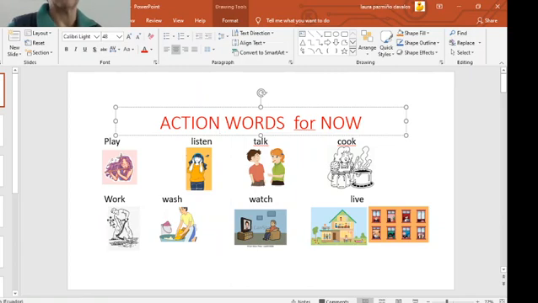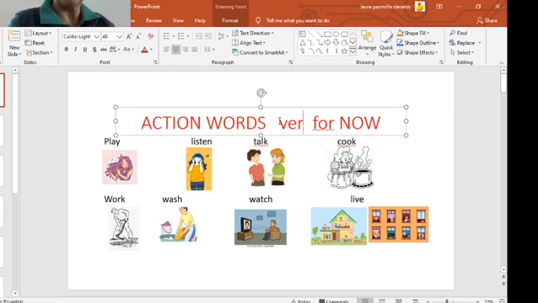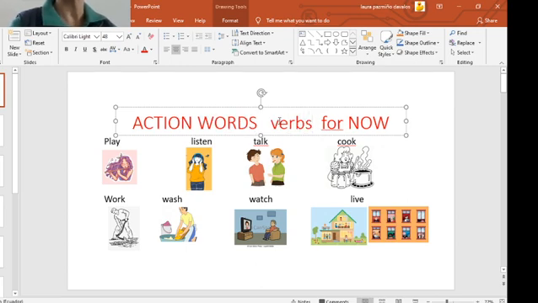Okay. So I was telling you that these are actions, but the action words have another name. Do you remember the name for an action word? There is another name. Okay, también les llamamos de otra forma a las action words. ¿Cuál será esa forma? ¿Cómo les llamamos? También les decimos verbs. También son verbs. Los action words son verbs.